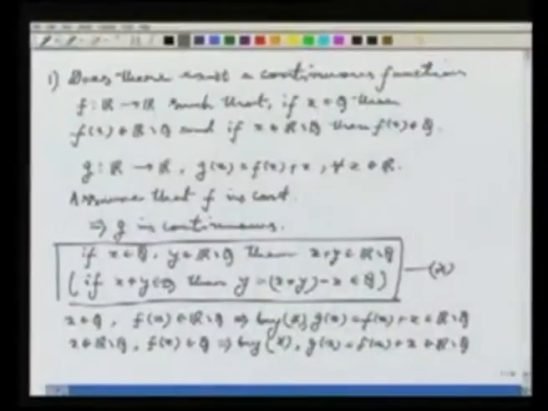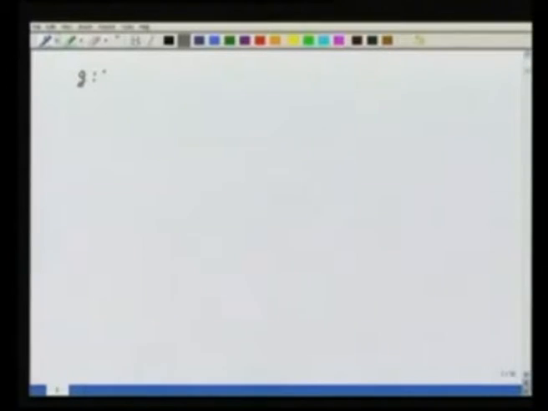So that means g is a map from R to R minus Q, and g is continuous. That I am getting because I have assumed that f is continuous.